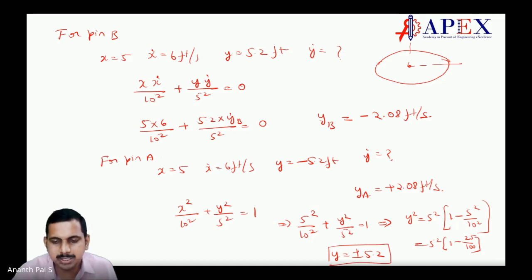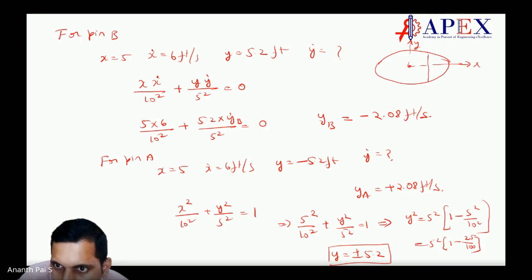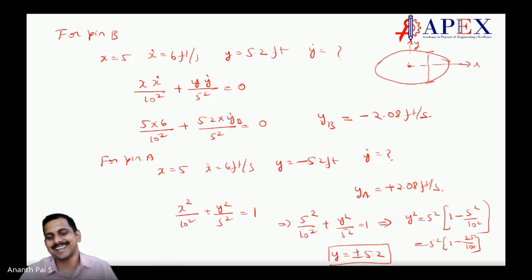Plus is with respect to B, minus is with respect to A. This is Y, this is X. So for every X, there are two Y's for an ellipse, is it not? Yes, sir, up and down movement. It is not only positive, it is minus also. Clear?